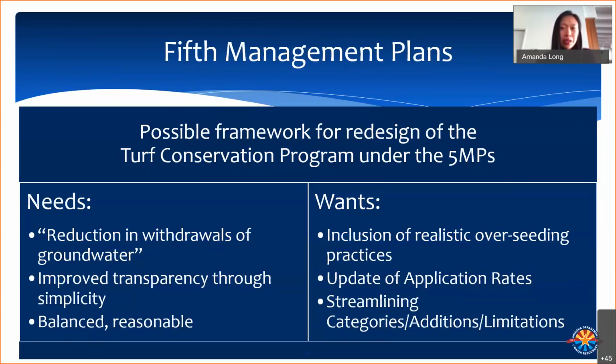It needs to be transparent, easy to understand by both the regulated community as well as staff. It also needs to be reasonable, balanced, and feasible for facilities to comply with. We also wanted to include application rates that reflect science and realistic practices, as well as streamlining some of the program components. Next slide, please.